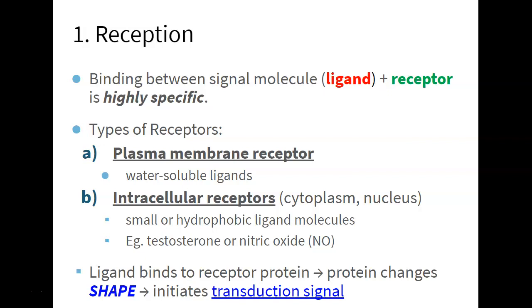It's a similar idea. A ligand will fit to a specific receptor and they are highly specific. So acetylcholine, for example, is a neurotransmitter that will only bind to acetylcholine receptors. What's another one? Epinephrine will only bind to epinephrine receptors.